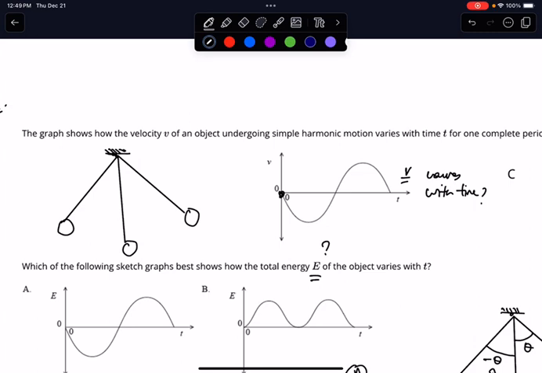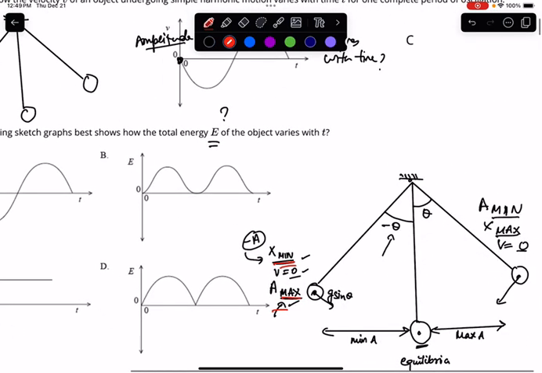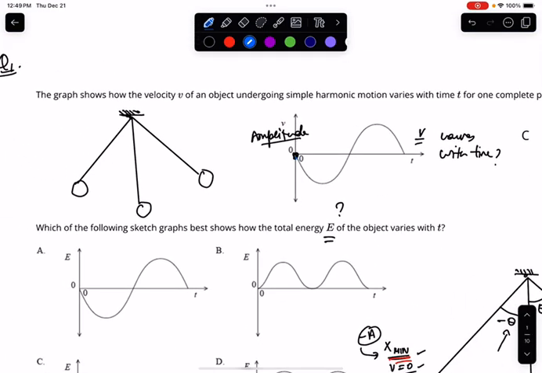It's starting off at 0. And so immediately we can say that we are at one of the amplitudes. Okay. Because the velocity is 0 at the amplitude, as we can see over here. So the velocity is 0 at the amplitude. Okay. So now what's happening is that the velocity is falling, and then it reaches the negative velocity, and then it goes back to 0.